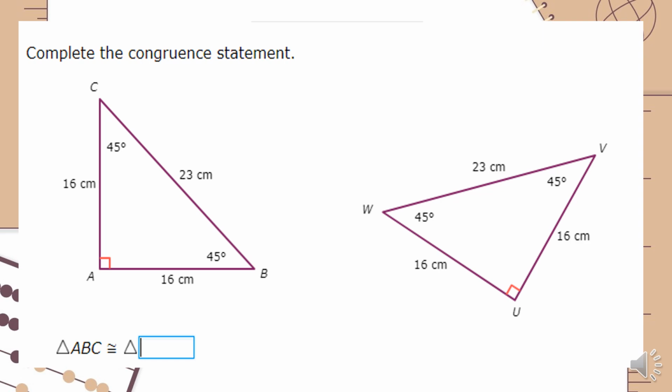Both sides are 16 centimeters, 16 centimeters. So what other option do we have? 45, 45. So as they have told us A, B, C, we can also write it UVW or UWV. Both are correct. So triangle UWV is congruent to triangle ABC.